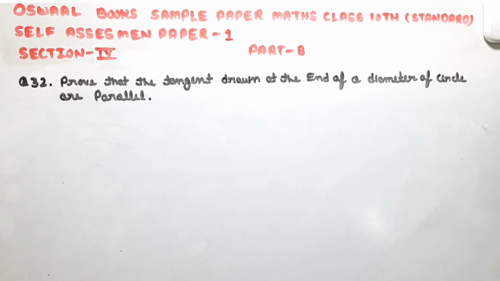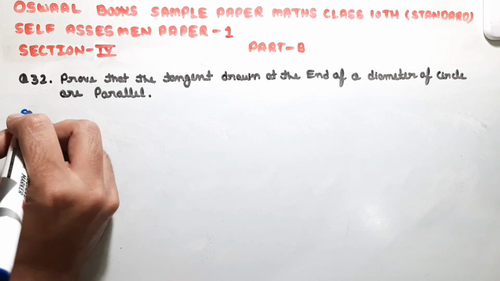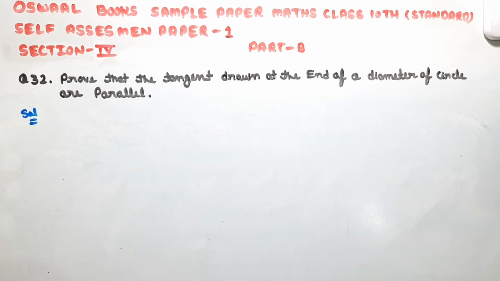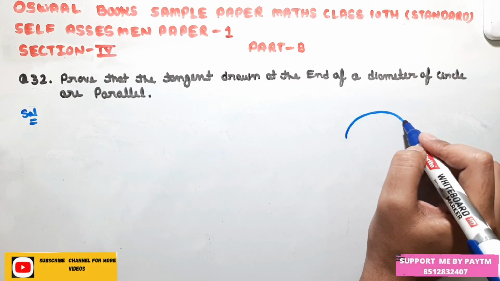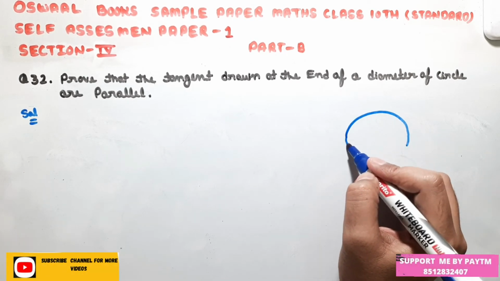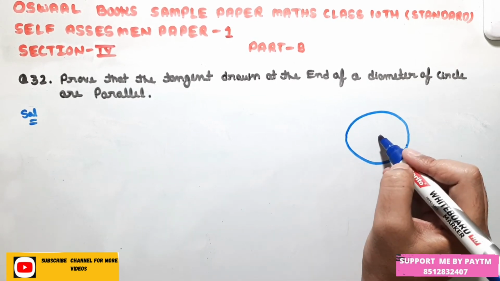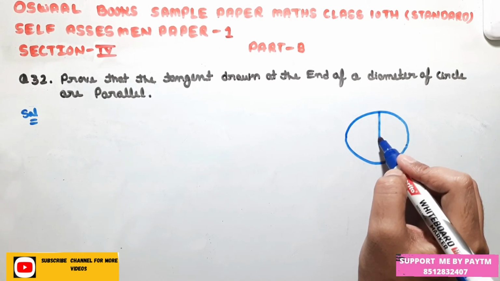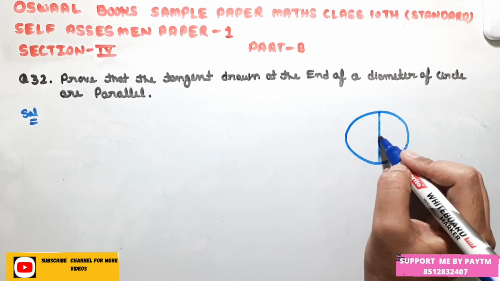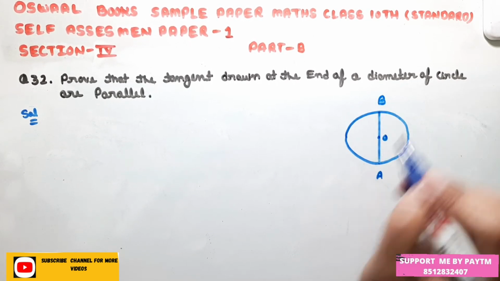Question number 32. Prove that tangents drawn at the ends of a diameter of a circle are parallel. In this problem, firstly we will draw a figure. So let there be a circle whose center is O and AB is the diameter.